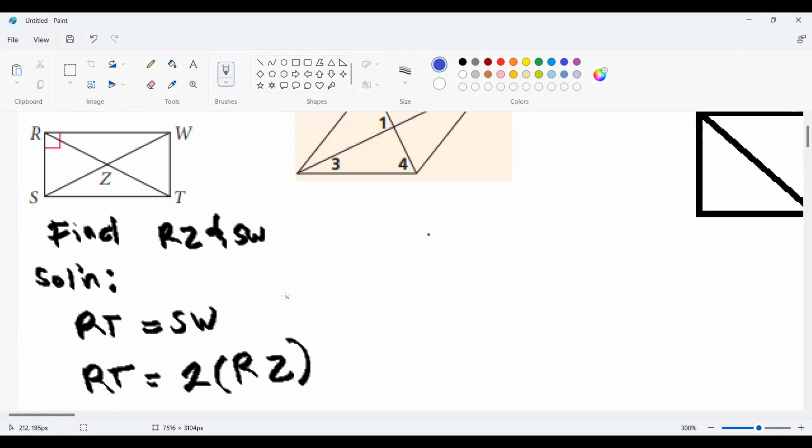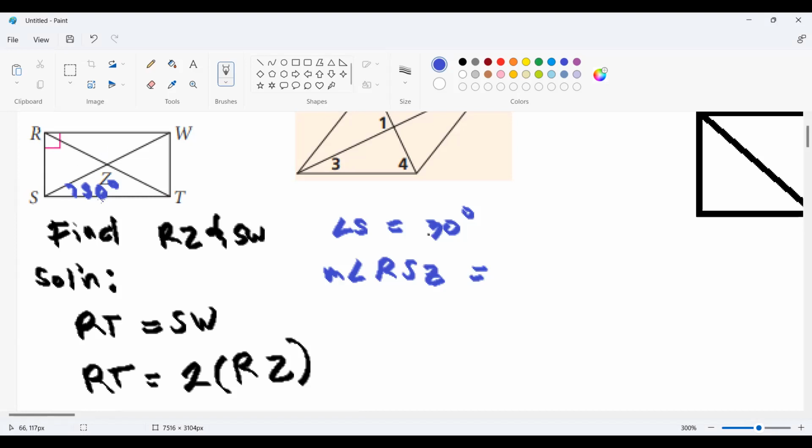How about another question? Let's say this angle here is 30 degrees. What do you think is the degree measure of angle RSZ, this angle inside here?